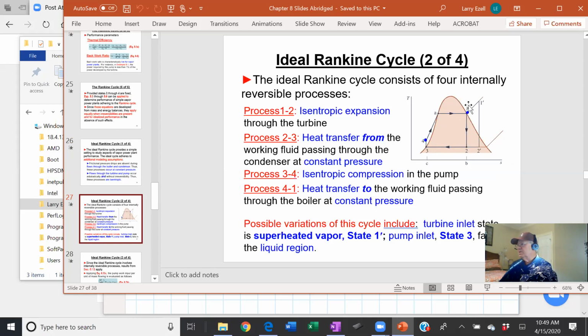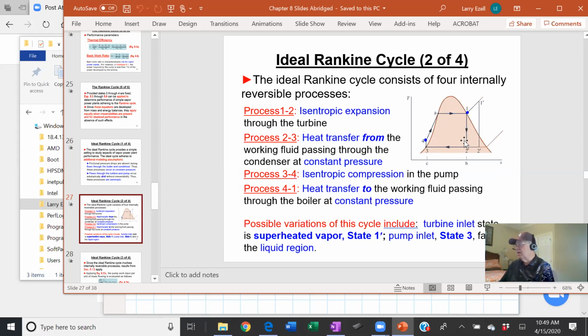In other words, there's no superheat up through here. Well, the ideal cycle won't work as an actual cycle.